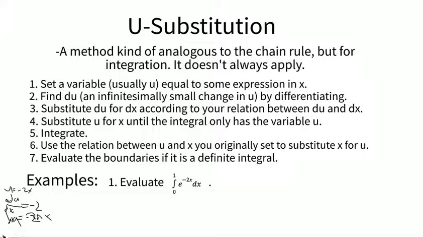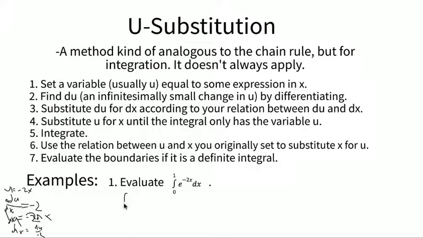An easy way to imagine this is to rearrange the relation: dx equals du over negative 2. This is easier because now where we have the dx, we can just substitute du over negative 2.